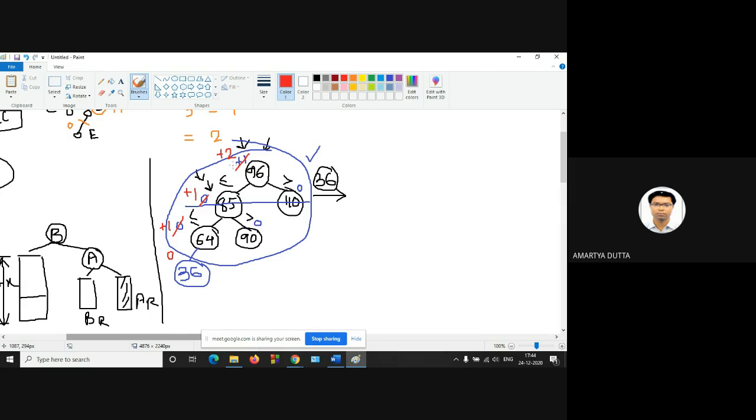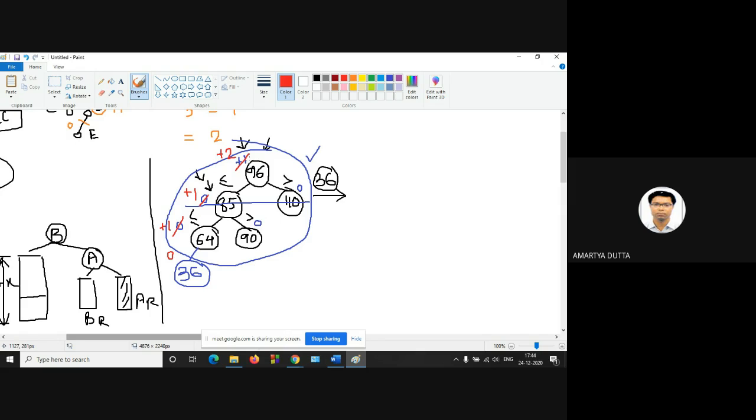So the rule is you have to identify the node where the balance factor is violated. You have to count from leaf to the root. Suppose scanning from leaf to root you get 3 nodes where the balance factor is violated.